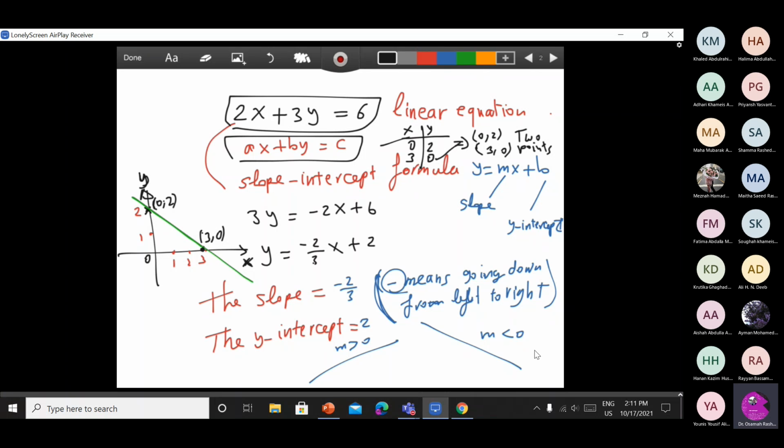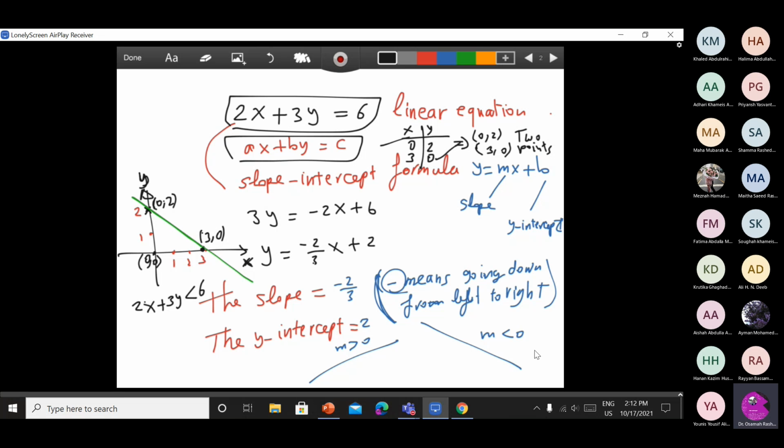What if I don't want this line, and I would like to have 2x plus 3y less than 6, not equal? So you are going to take the area below the line or above the line. The easy way is to check a point below the line. I know this point is 0 and 0.